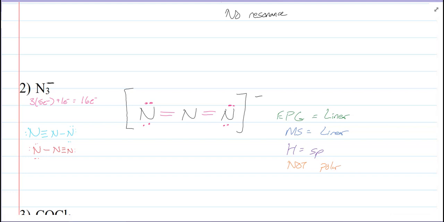And unequal resonance, because the formal charge kind of moves. So there are 3 resonance structures here. The formal charge kind of moves and changes a little bit. So right now it would be -1, 0, and -1, where we have 0, negative, +1, and -2. So unequal resonance.